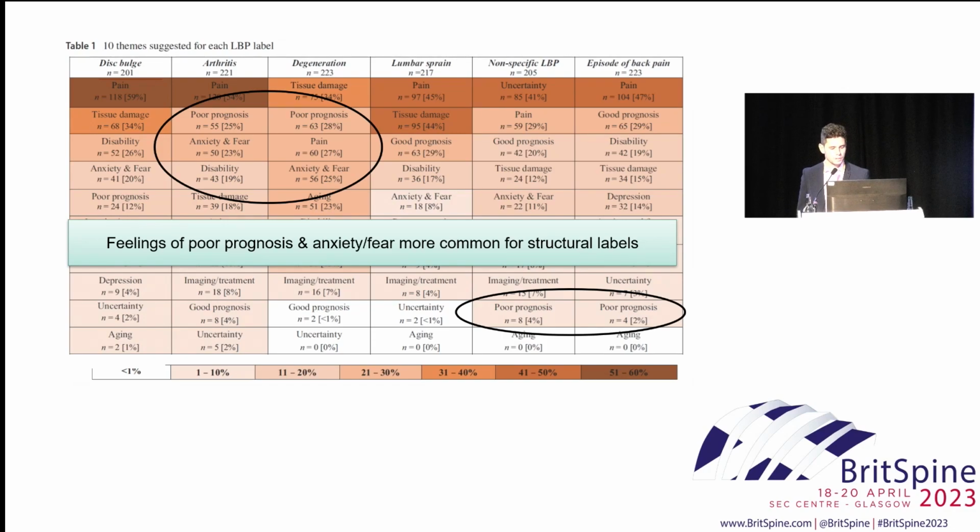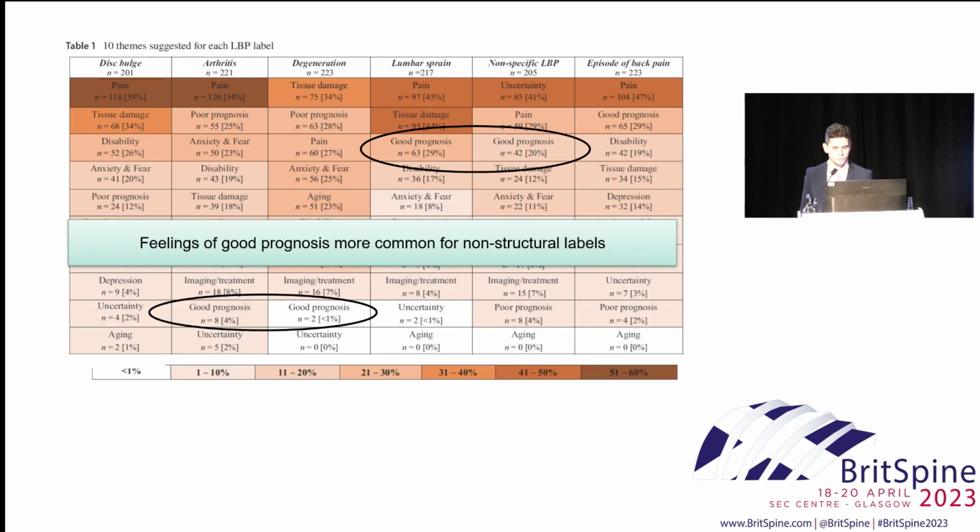We show that feelings of poor prognosis and anxiety and fear were more common for structural labels. So you can see at the top there, about 25 to 28% of people in those 2 labels expressed feelings of anxiety and fear and poor prognosis, whereas for the other non-structural labels, this was in the order of 2-4%, so much smaller. In terms of feelings of good prognosis, they were more common in non-structural labels.